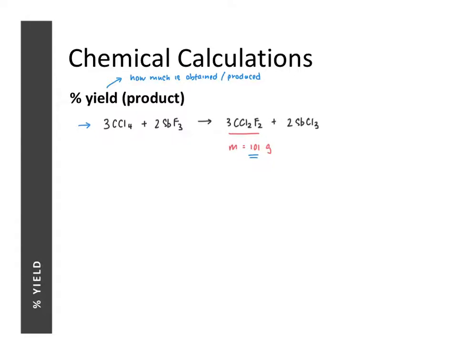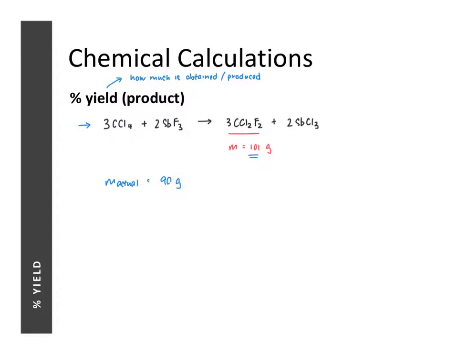Now if we were to perform this reaction in real life, the mass of the product that we get may not be 101 grams. It may only be, let's say, 90 grams.